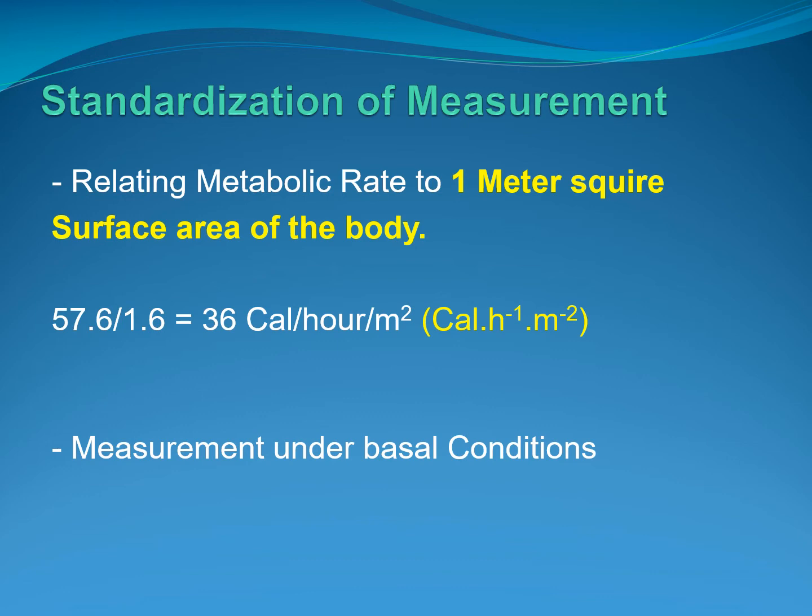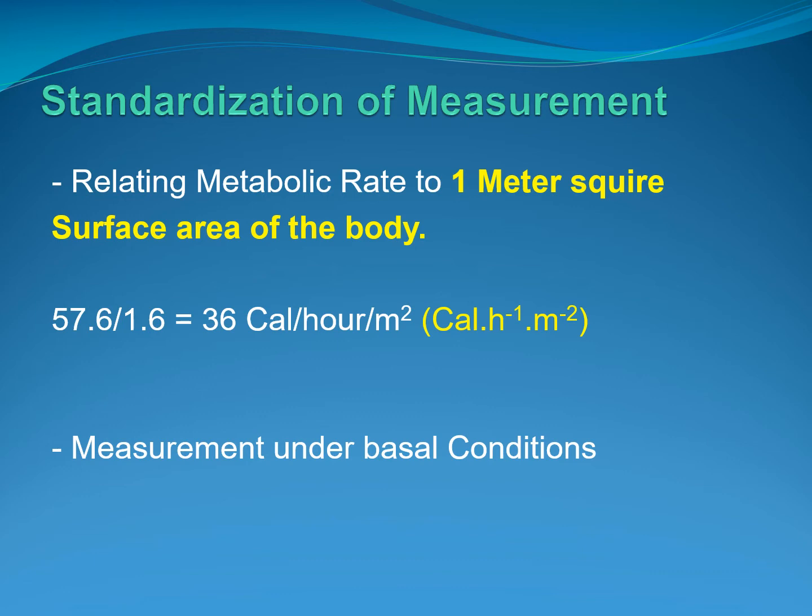As an example, by our calculation, we have the metabolic rate is 57.6 calories per hour. This person, to say, is having a surface area of 1.6 meters square.